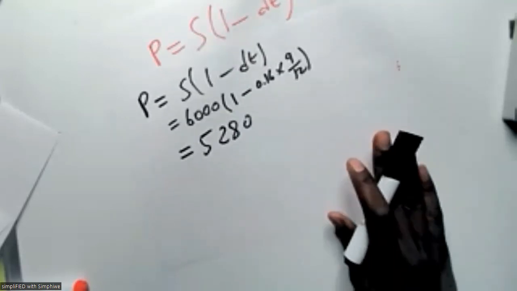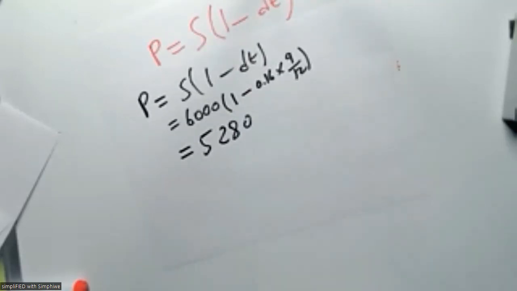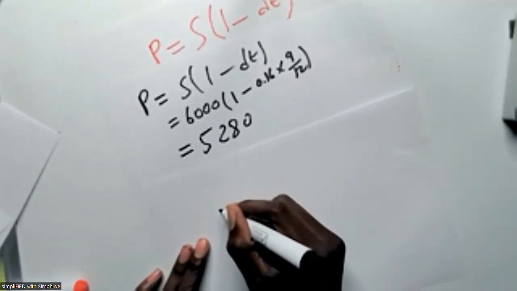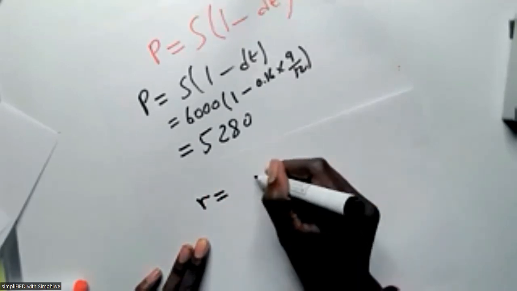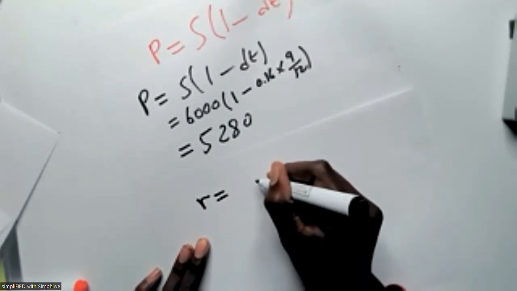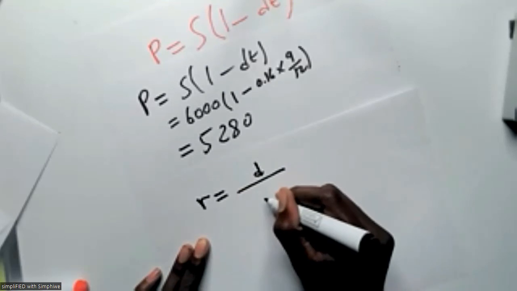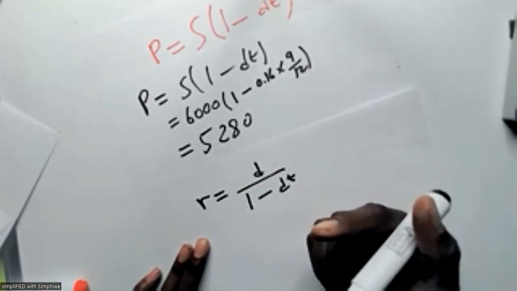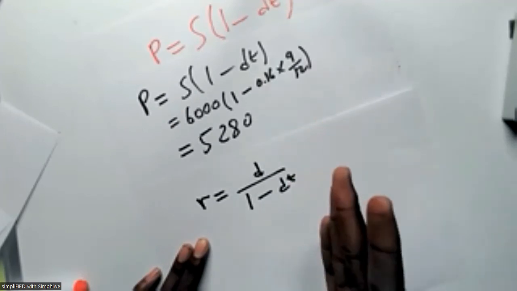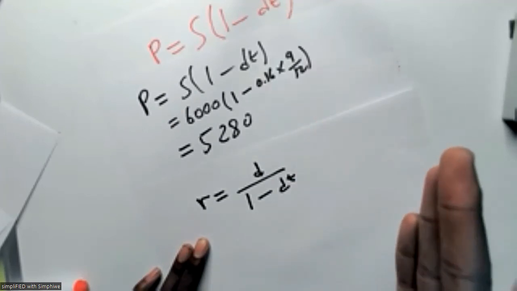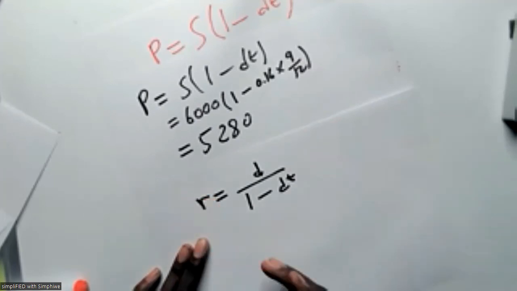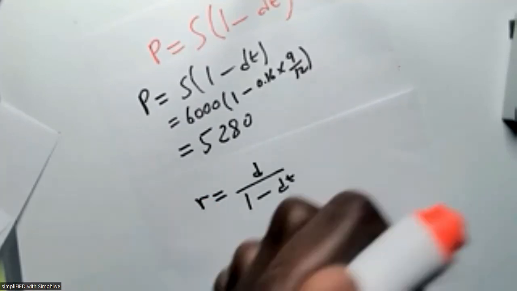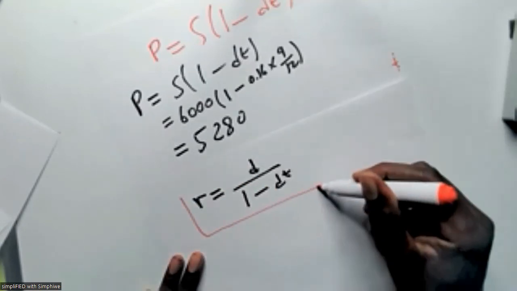Oh, so the formula looks like this. R is equal to D over 1 minus dt. Should you want to convert from discount rate to simple interest rate, this should be your formula.